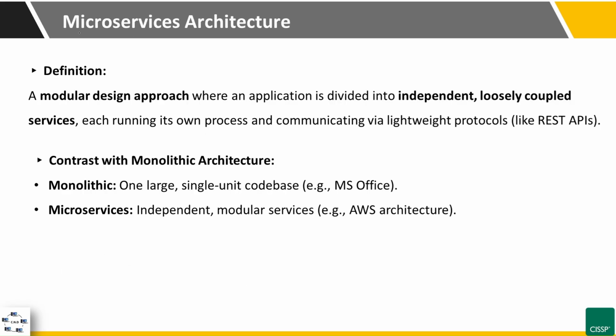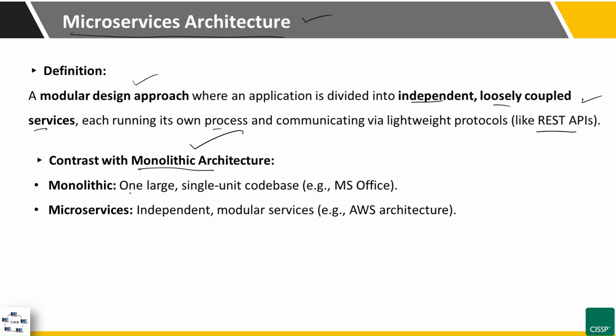Our next topic is microservices architecture. It is a modular design approach where an application is divided into independent, loosely coupled services, each running its own process and communicating via lightweight protocols, for example, REST APIs. It is in contrast with monolithic architecture. In monolithic architecture, we have one single huge architecture.